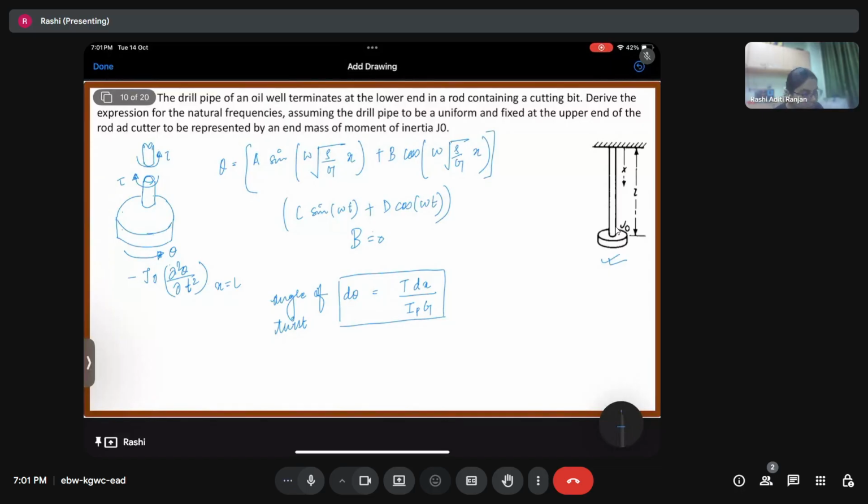T is what? Torque. IP is what? Polar moment of inertia. Okay. And then we have G as what?